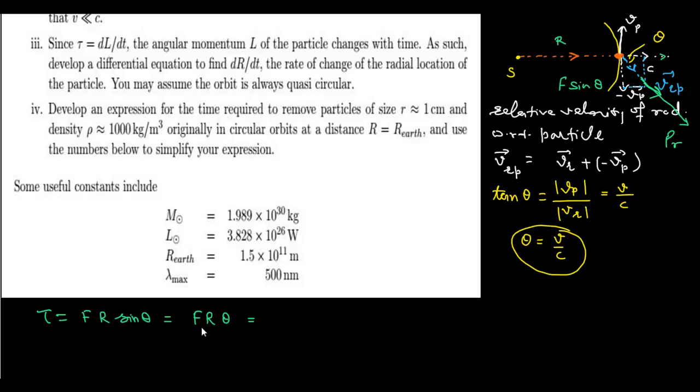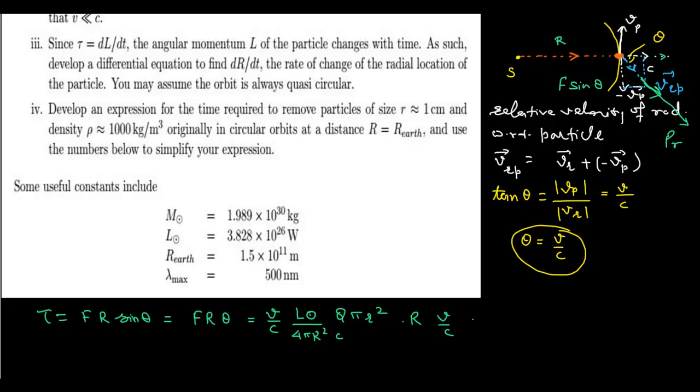Now this F we have calculated earlier in part A, the force due to the radiation pressure was V by C. This was the power, radiation power, divided by 4 pi r square C into Q pi r square, that we have calculated in part A of the question in the earlier video, problem 6. And this is force, this is the separation r, and theta we have this V by C.